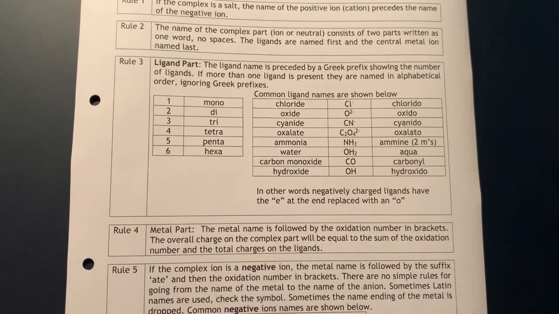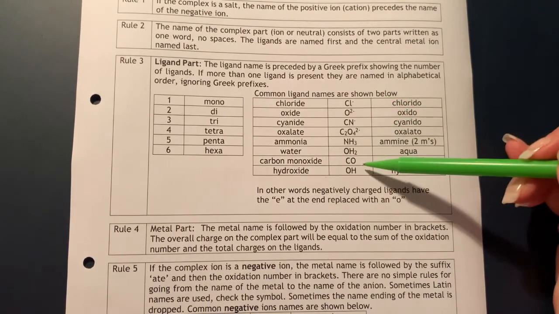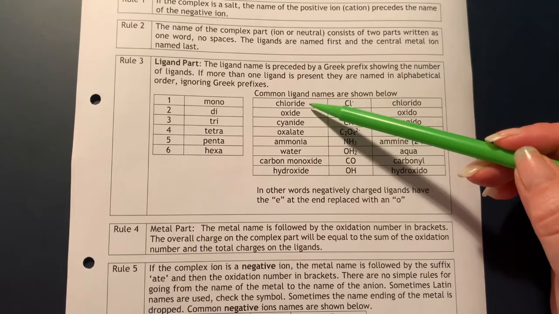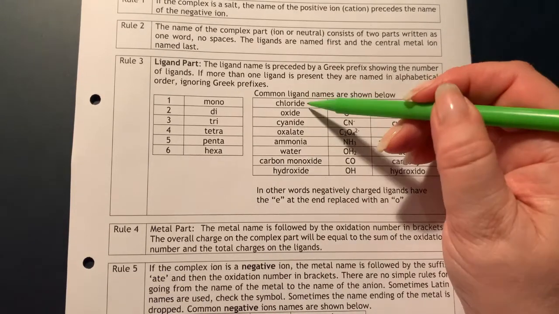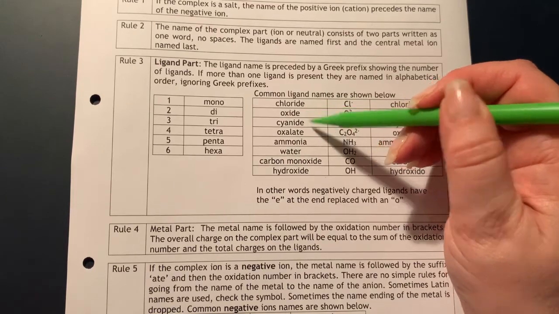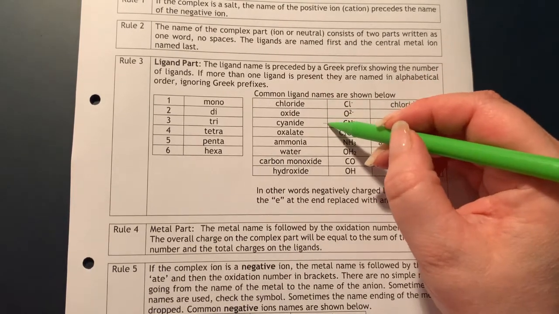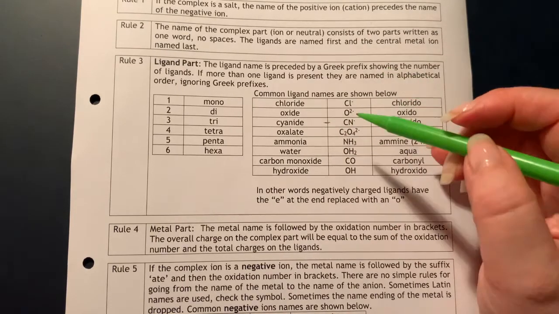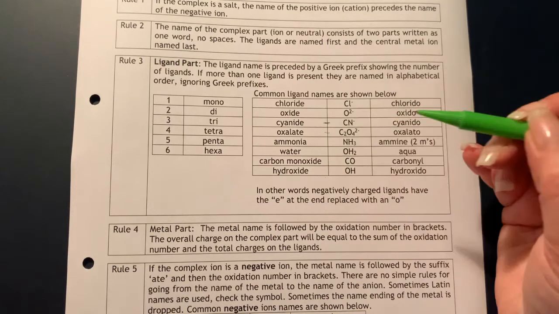Common ligand names are shown below. Here we've got the formula of the ligand and the normal name of the ligand, most of which you should know. You should know your chloride, your oxide. Cyanide we've talked about already. This is definitely one to learn. Oxalate, again, you're going to have to learn this one.